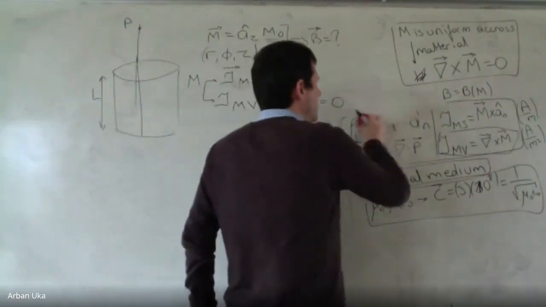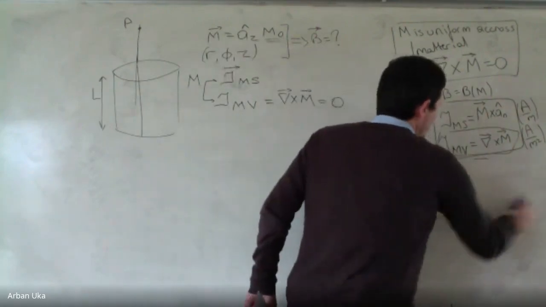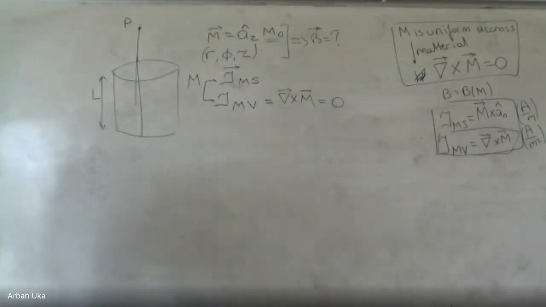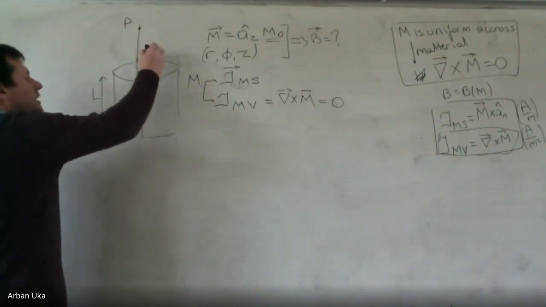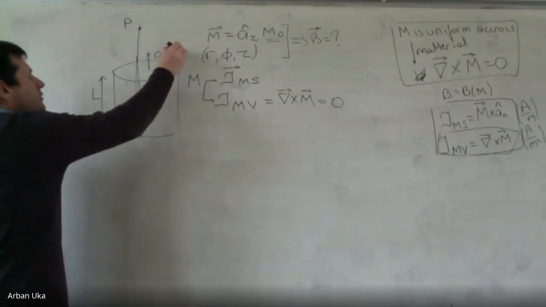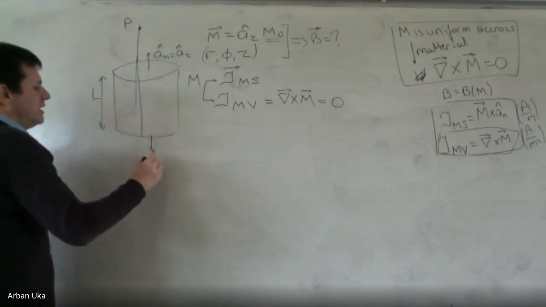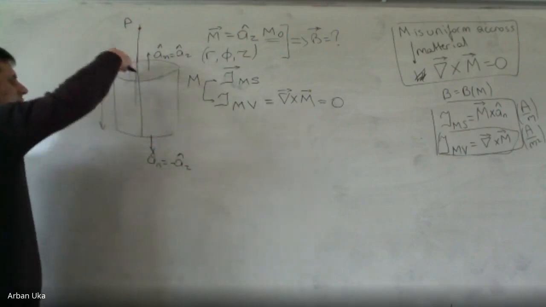So let's clear out some of the material which is not very essential for the moment. Let's keep only the expressions for the current densities. Let's identify here on this surface area, the normal a_n is equal to a_z. Here on the bottom, a_n is equal to minus a_z.